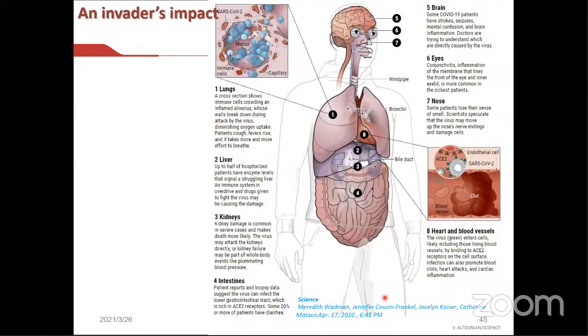As we know, ACE2 is expressed all over the place in different organs, from the brain to the liver, lung, kidney, even the prostate. So the infection will cause a systemic syndrome in COVID-19 patients.